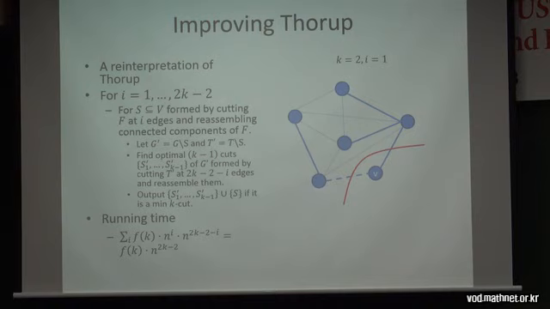So what we did previously is that we were thinking about cutting T in 2k minus 2 edges, and then assembling them back into k connected components. But what I'm doing here is that let me only guess the first component of the optimal solution. Here i denotes the number of tree edges crossing that connected component in the opt that we are trying to guess.